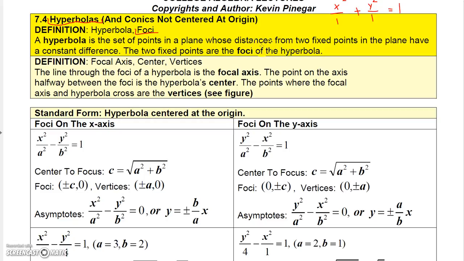But for a hyperbola, those distances from those 2 fixed points, their difference is going to be a fixed value. So it's a little bit harder to follow, but I'll try to draw you a picture down here with a hyperbola and explain it for you.